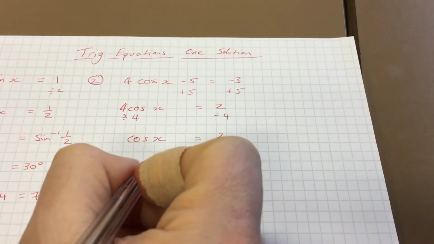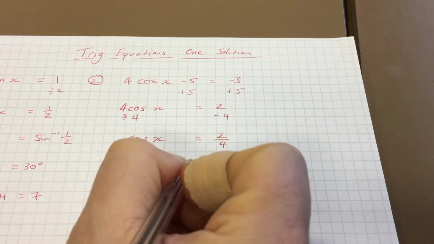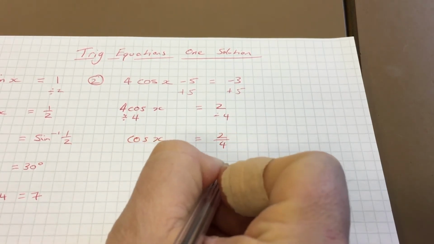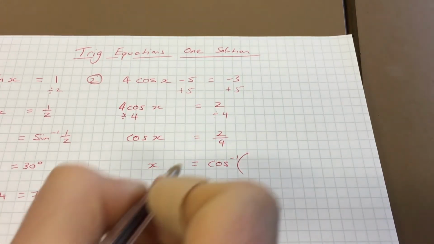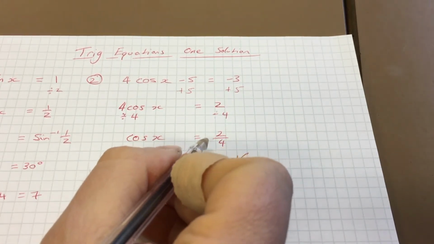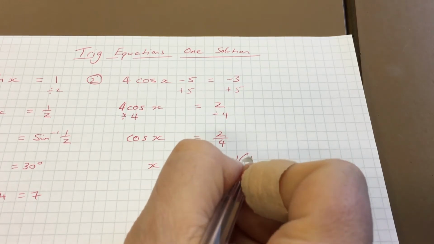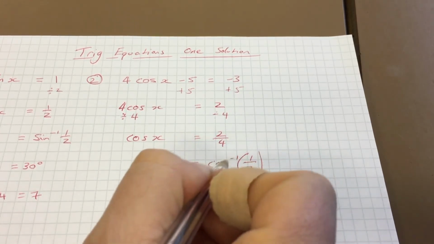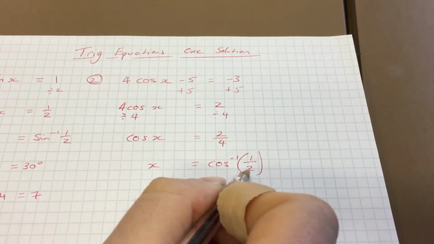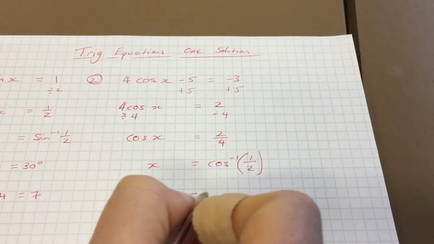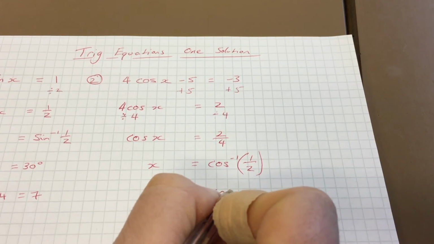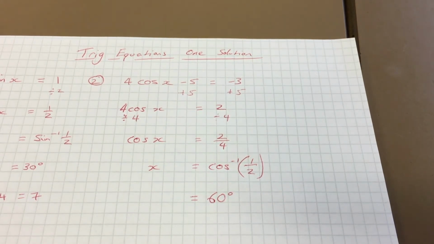What we're wanting to do is find out what x is, so we take the inverse of cos. I'm going to write down 1/2, because 2 over 4 simplified becomes 1/2. Then we put that into our calculator, and we get 60 degrees, or you know your exact values, but that's for something else.